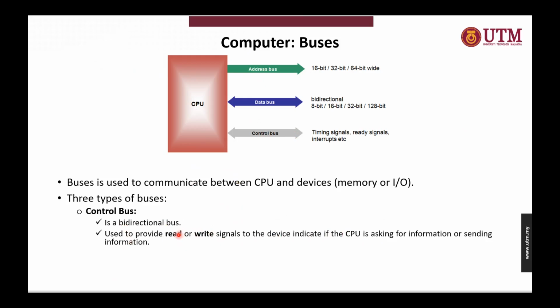If the CPU is sending information, the CPU will send the write signal, meaning it's going to send the data from the CPU to the input-output, for example to the memory. So this is what the control bus does, to provide a read or write signal according to whether it's going to send the data or ask for information.